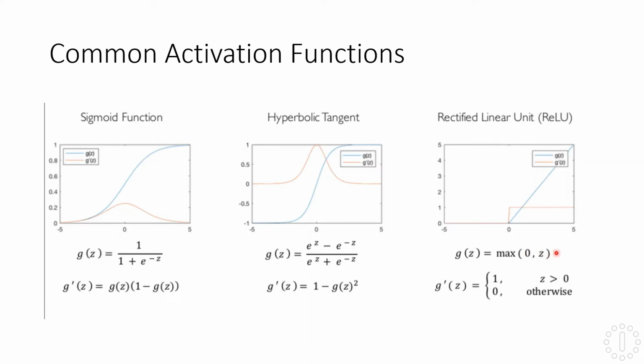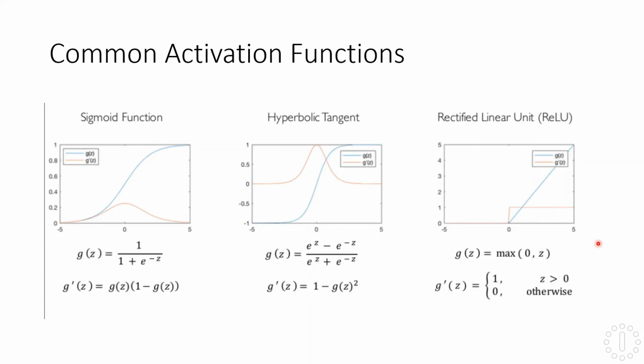So if this value is positive, then we get that value. If the value is negative, then we get 0. And we can see what this function looks like here and what its gradient looks like down here.